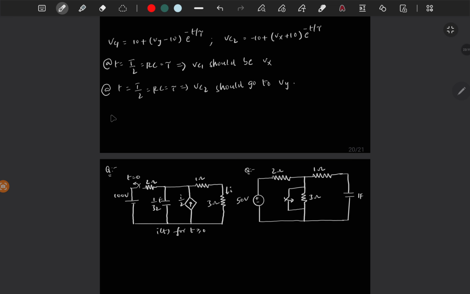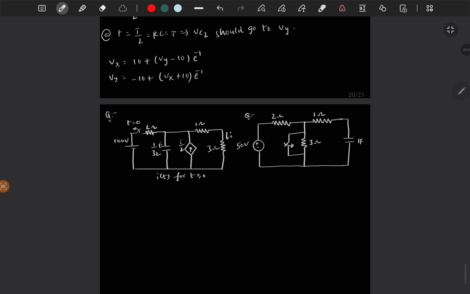So Vx is 10 plus (Vy minus 10) e power minus 1, and if you put tau here, then you will get Vy. So Vy is minus 10 plus (Vx plus 10) e power minus 1.